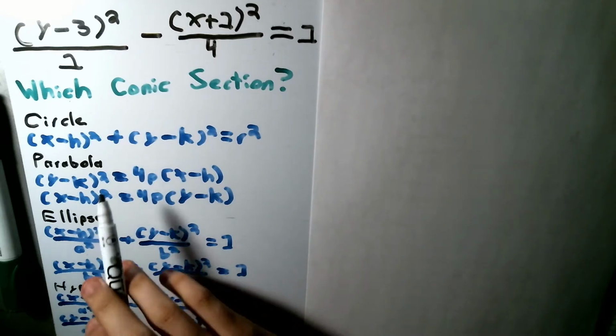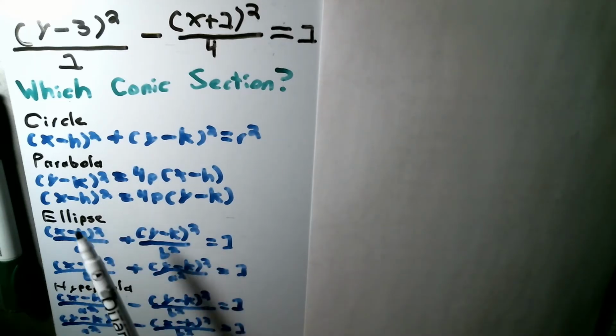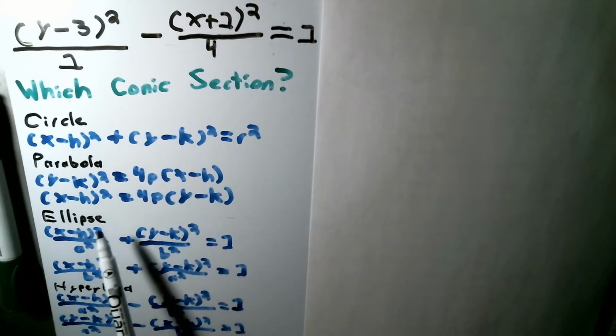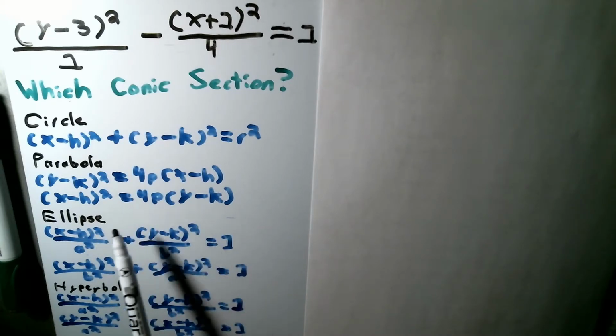It is not a circle. There are no denominators. It is not a parabola. It has, what even is this? It's completely different. And we are left with the ellipse and the hyperbola.